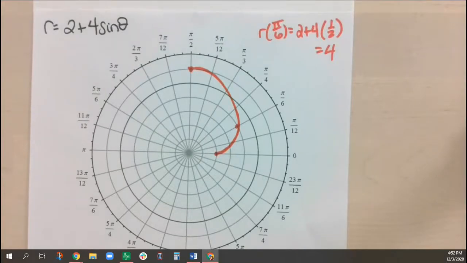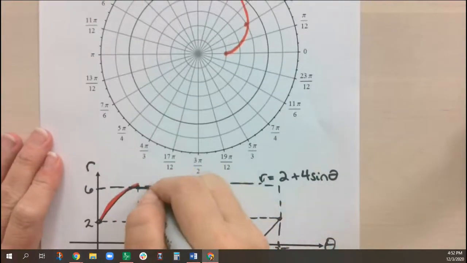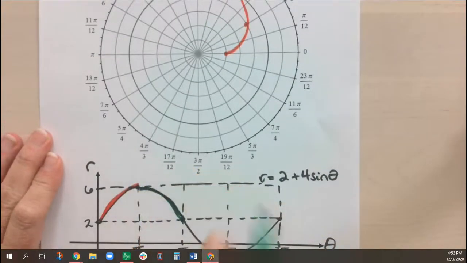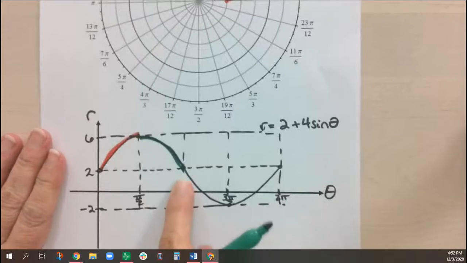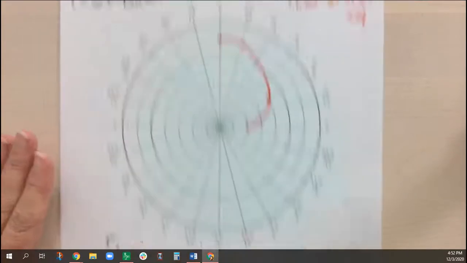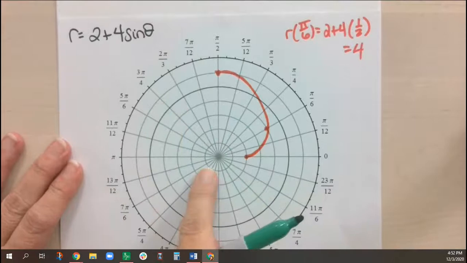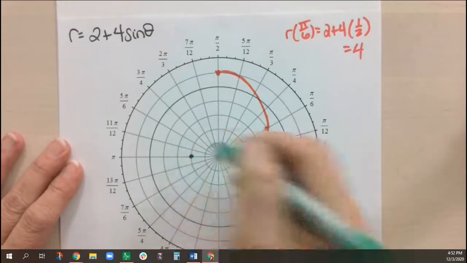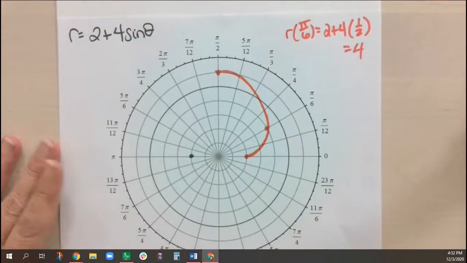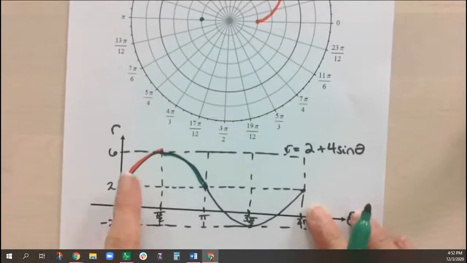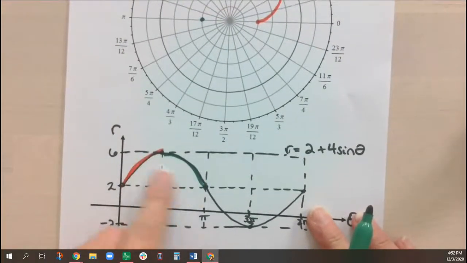All right, moving on to quadrant 2. We're going to pick up where we left off. By the time we get to pi, we're back at 2. So over here where theta is pi, I'm going to put that point at 2. Notice that this time my first and second quadrants, that's where the symmetry happens.